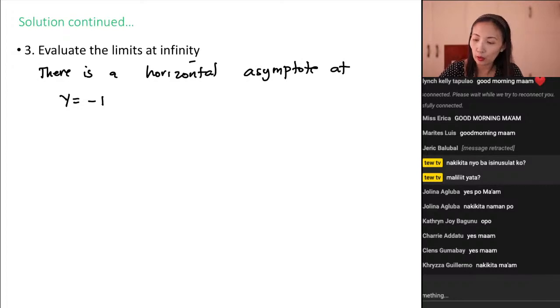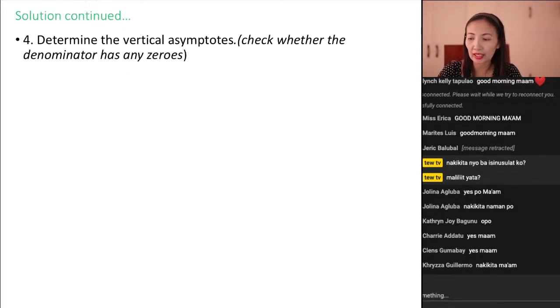Now we proceed to step number 4. How about the vertical asymptotes? How do we determine the vertical asymptotes? First, we have to check whether the denominator has any zeros. Going back to our function, f of x is equal to x squared all over 1 minus x squared.